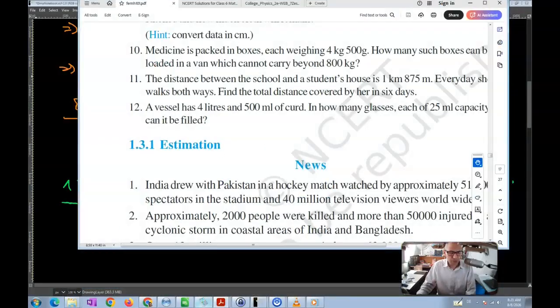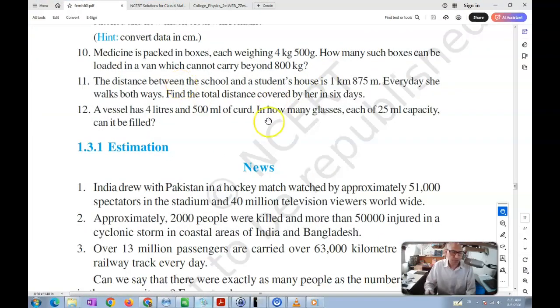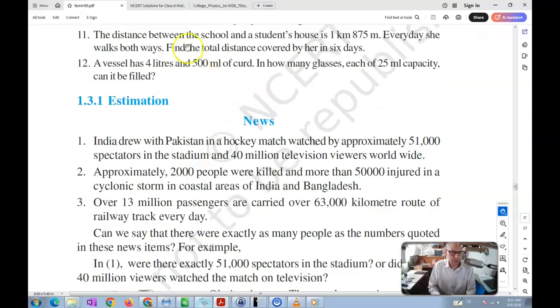Now the next question that we have here is question number 11, and it says the distance between the school and a student's house is 1 kilometer 875 meters. Every day she walks both ways. Find the total distance covered by her in 6 days.